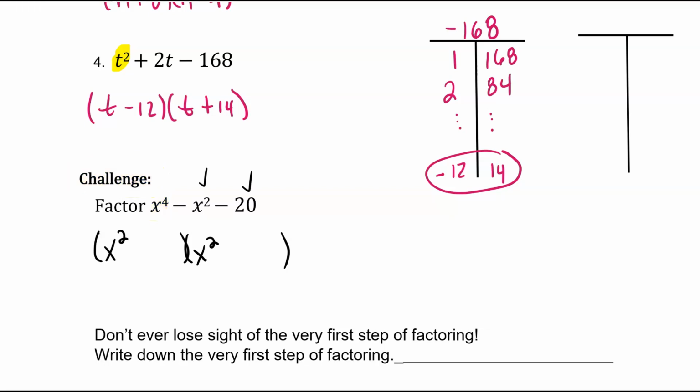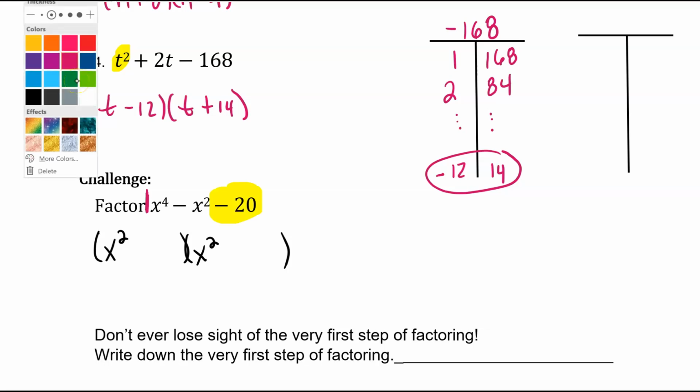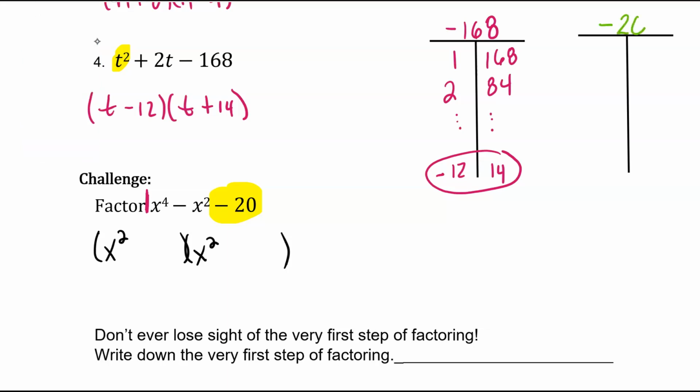So we're going to follow the steps that we were following before, because it is a trinomial and it's considered to have a leading coefficient of 1. So let's follow the steps we've been following in this video. So what is C? C here is -20. So -20.